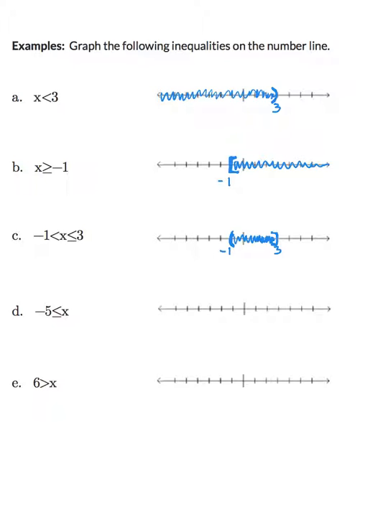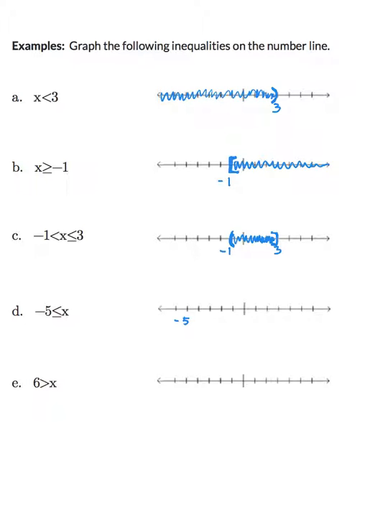Okay, for D, we have negative 5 is greater than or equal to x. So I'm going to start by plotting my negative 5. Negative 5 is 5 to the left of 0. And now I want to know where are the numbers such that negative 5 is less than or equal to them.